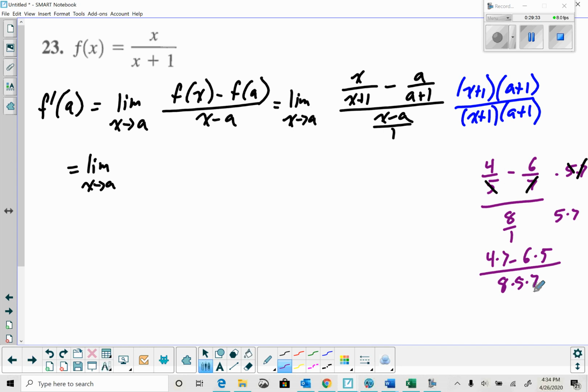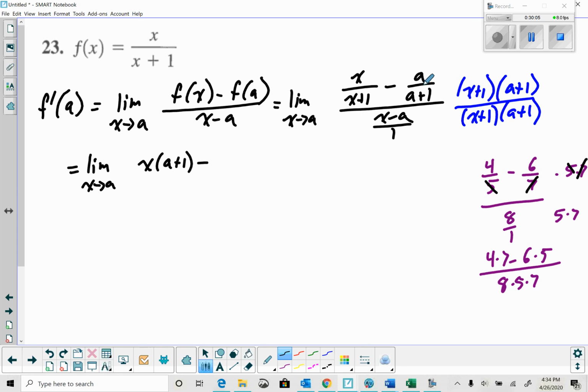Okay, so that's the exact same thing that I'm going to do here with our lovely function. For this first fraction, x over x plus 1 times x plus 1 over a plus 1, the x plus 1 here and the x plus 1 there will cancel, and I'm going to get x times a plus 1, minus, okay, and the second term here is negative.